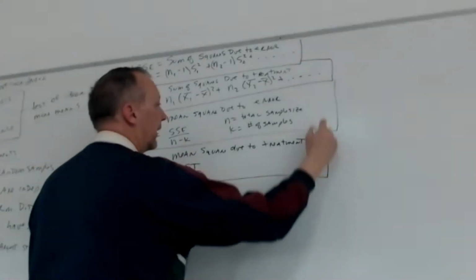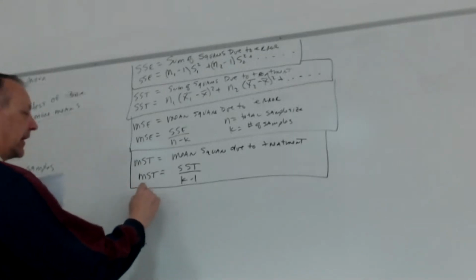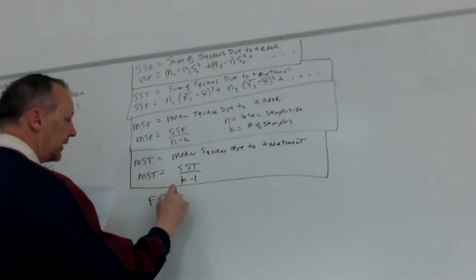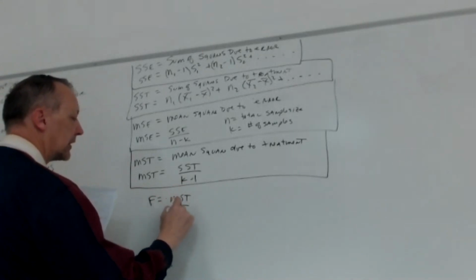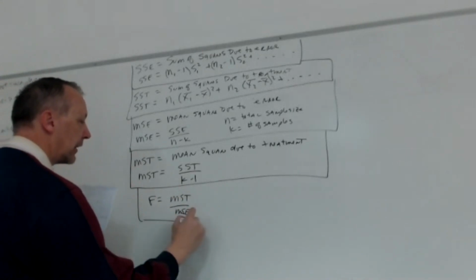And then finally, the ANOVA test is an F test, which is the MST divided by the MSE. Okay?